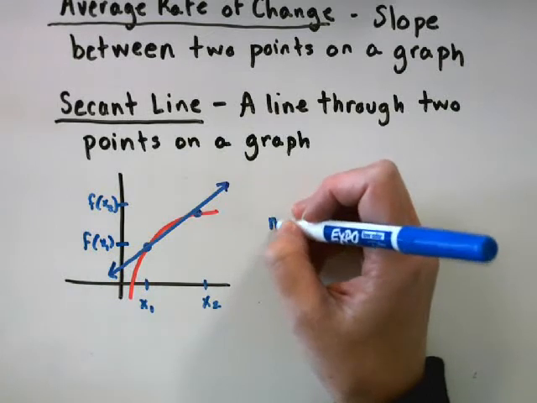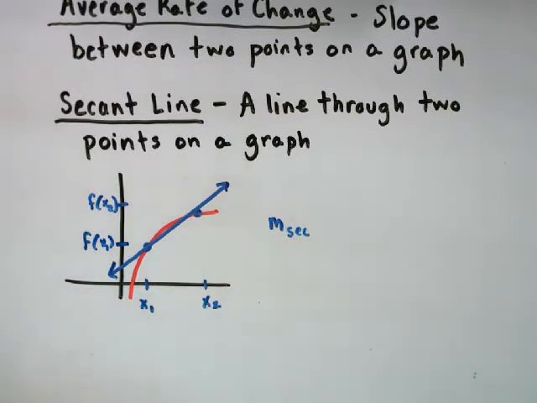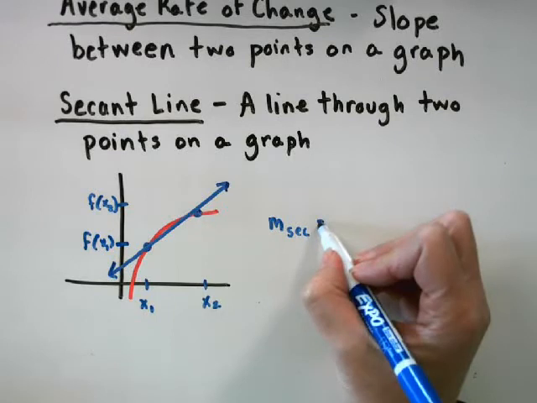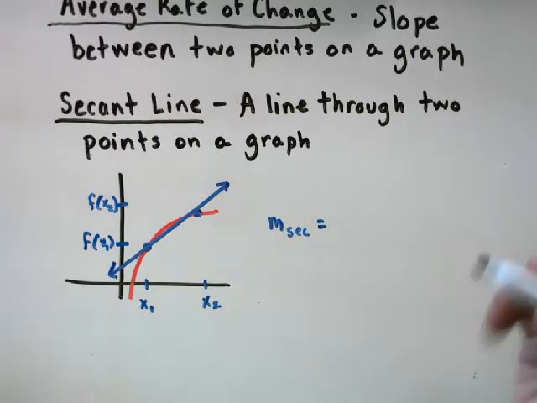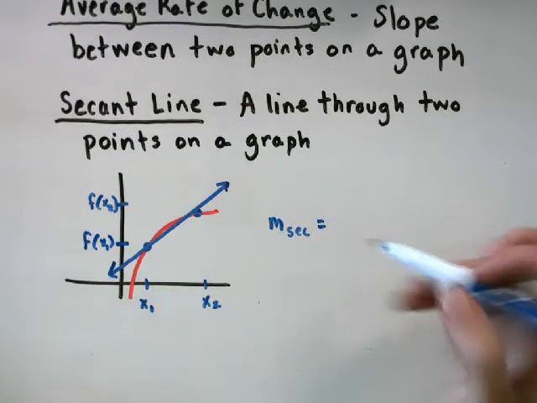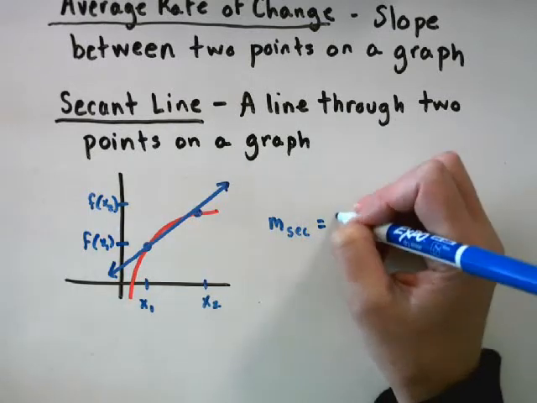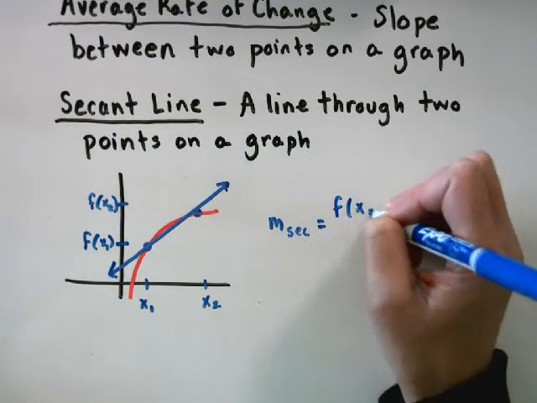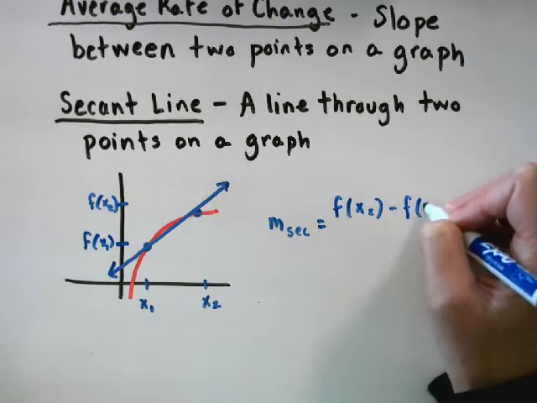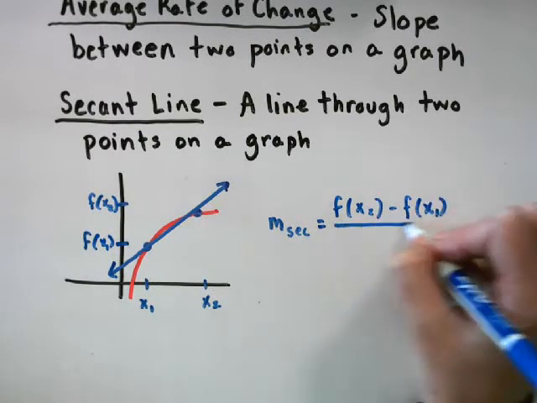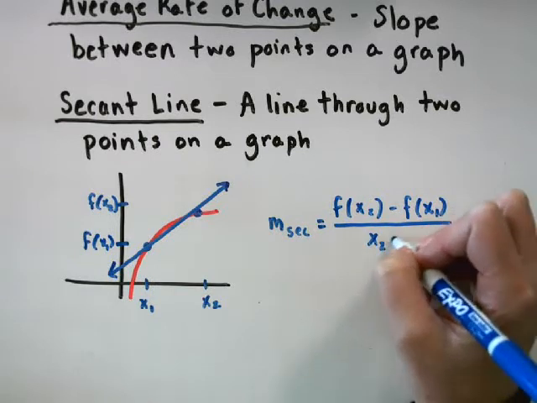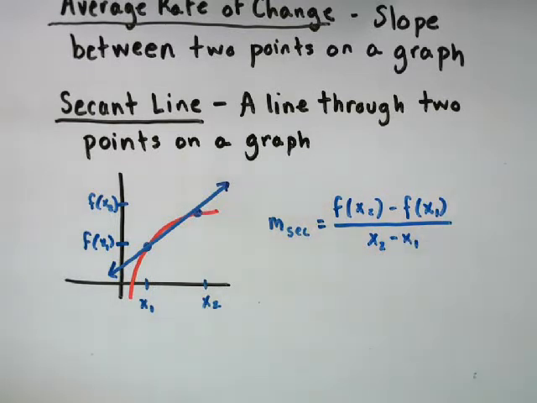So the slope of the secant line, just like slope for any line, is going to be y2 minus y1 over x2 minus x1, which in this case is going to be the function value at x2 minus the function value at x1 over x2 minus x1. So when you're asked for the average rate of change or the slope of a secant line, you're just using the slope formula.